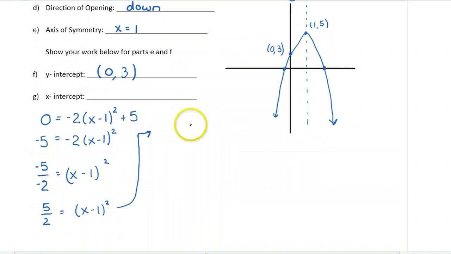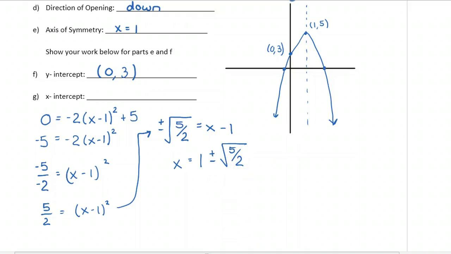Now I take the square root, remembering that when I take the square root, I incorporate both the positive and negative cases. Therefore x is equal to 1 plus or minus the square root of 5 over 2.